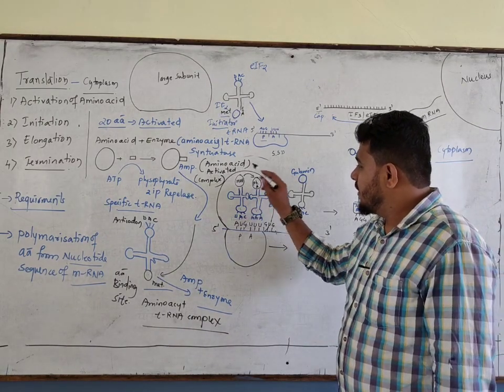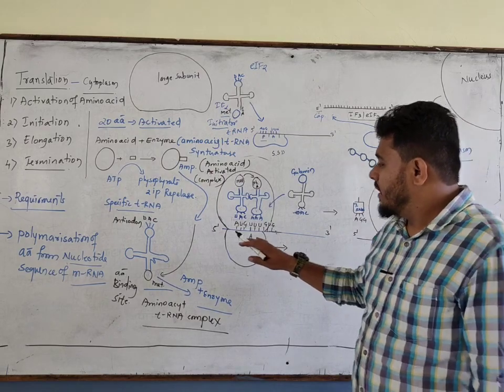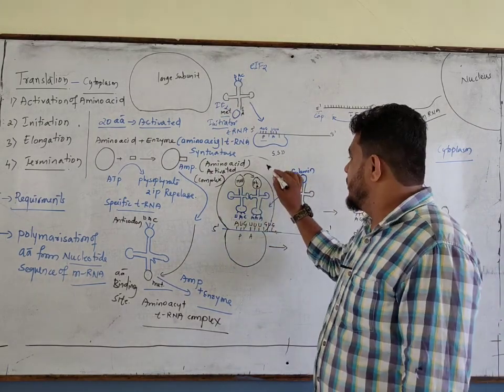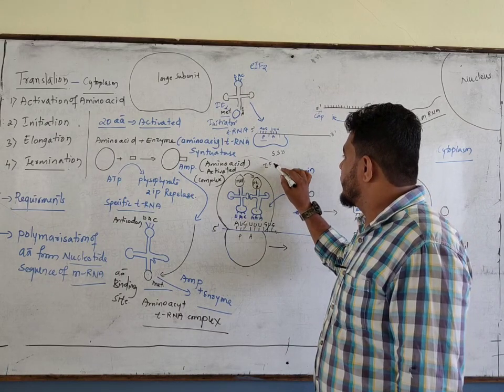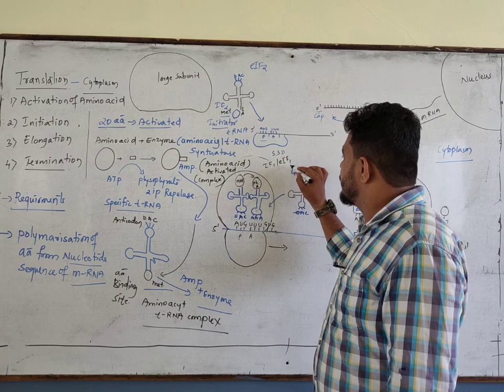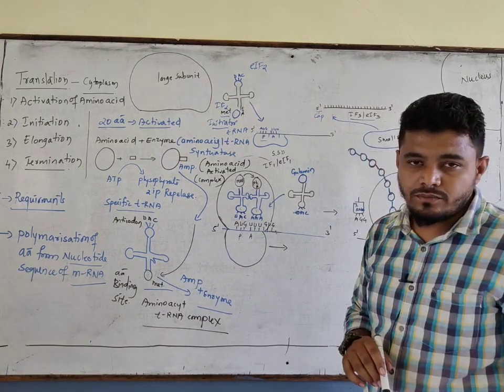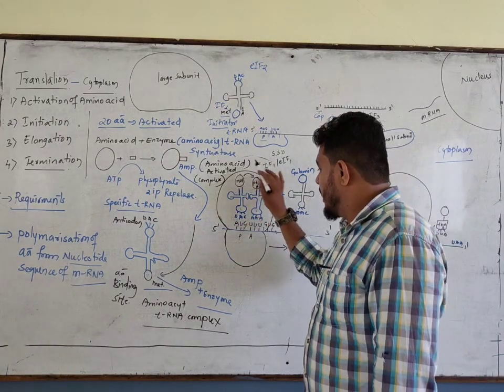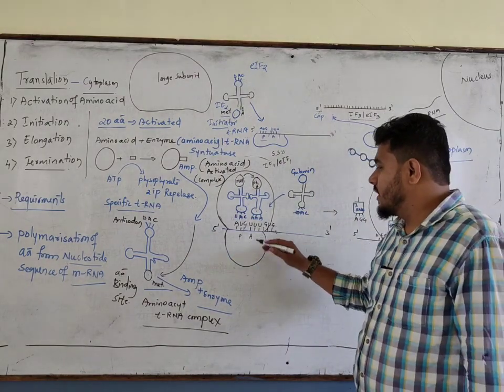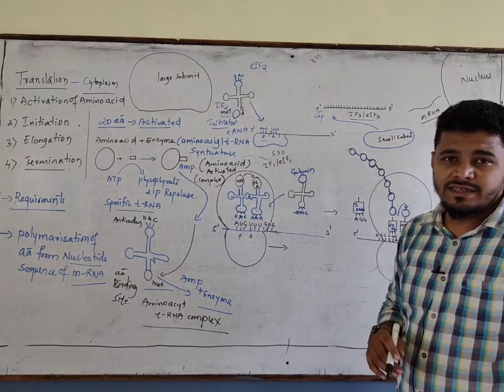This large subunit attaches to the mRNA and small subunit by initiation factor 1 or eukaryotic initiation factor 1. So now these conjoined proteins, the ribosomes, will start the protein synthesis.